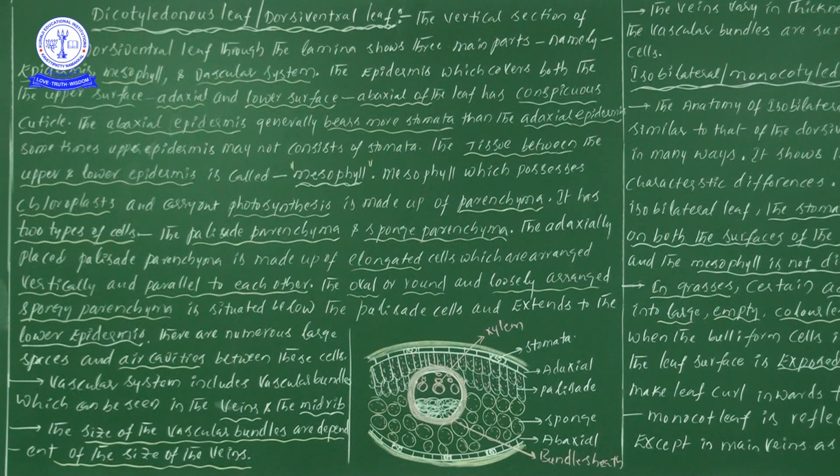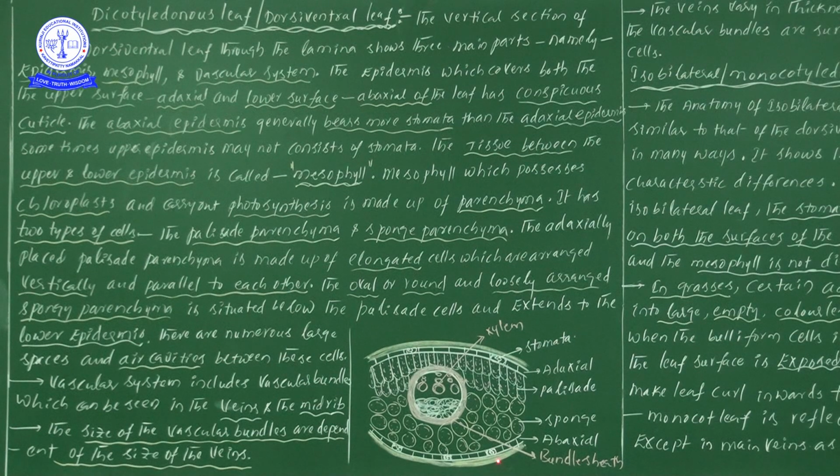What is the use of these air cavities? Air cavities have air, and they definitely help in the exchange of gases. Stomata can do two functions: one is transpiration and the other is exchange of gases.